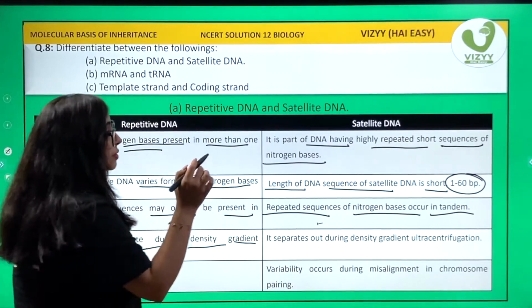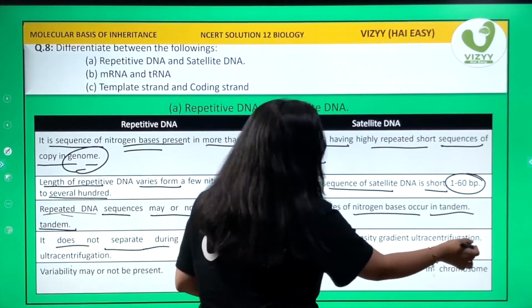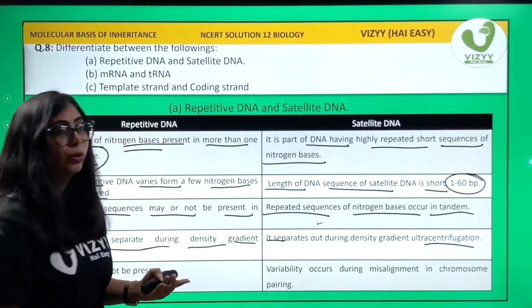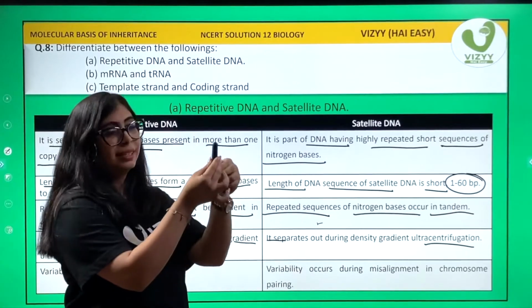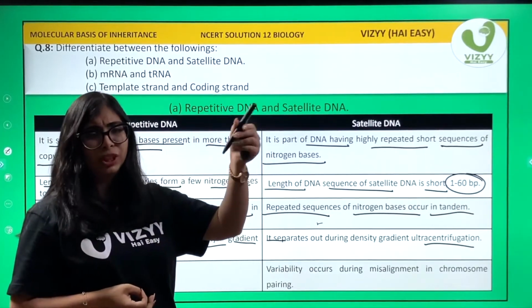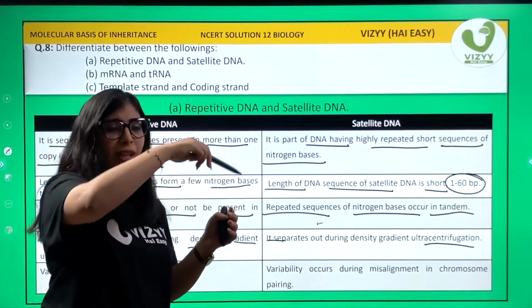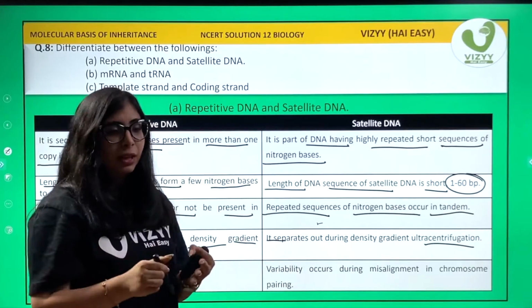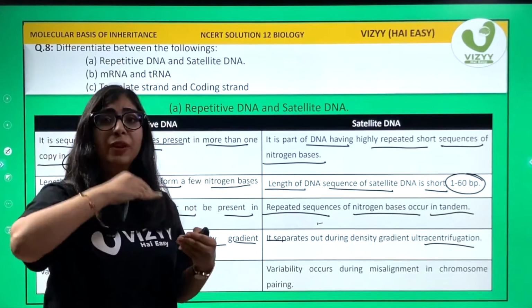Okay, so satellite DNA gets separated during ultracentrifugation. Okay, so in ultracentrifugation, you take the entire DNA or genetic material. Now, ultracentrifugation will rotate so fast that whatever is present in the genome will start getting separated.